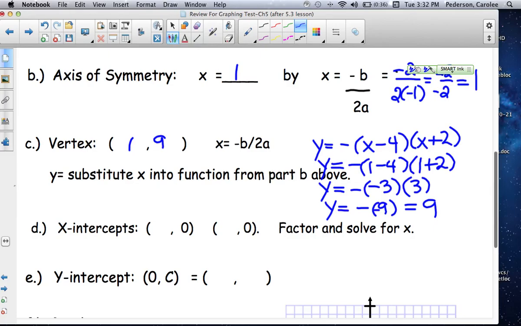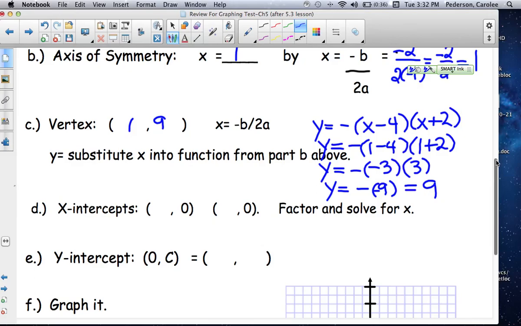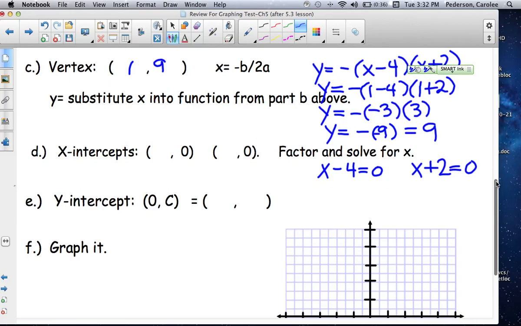All right, to find the x-intercepts where it touches on the x-axis, we go up to the factored form equation and we set those factors equal to 0. So one of the factors was x minus 4, and the other factor was x plus 2. We are using what we call the zero product property, and we solve those equations for x.